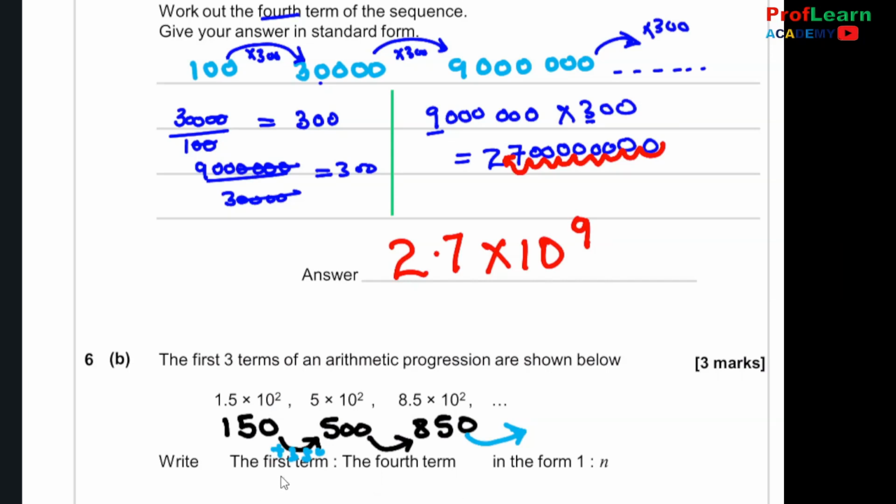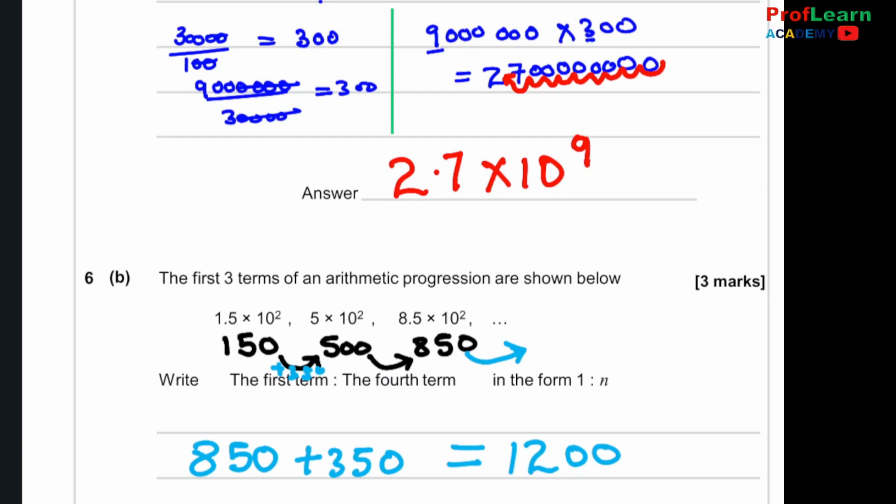But the question is, write the first term to the ratio of the fourth term. We're writing this in ratio form. So the first term is 150 as an ordinary number, ratio 1200. So in order to write it in the form that is required, at the first part of the ratio we need to have 1, which will mean we shall divide by 150 so that we can have it as 1.